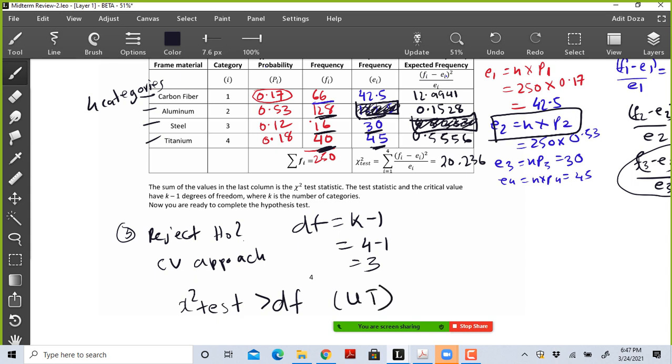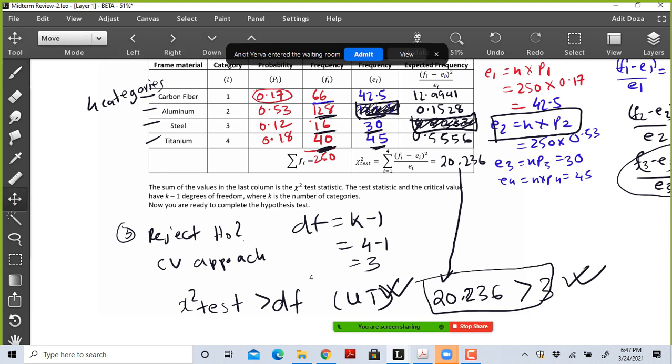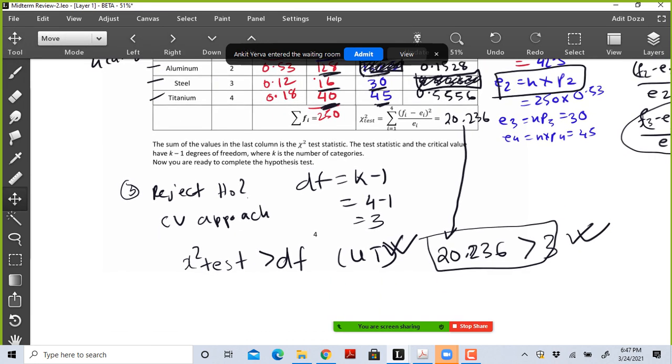What is our chi-square test statistic? 20.236. Is it greater than the degree of freedom? Does it meet the condition? Yes. So it should be an upper tail test. Clear?